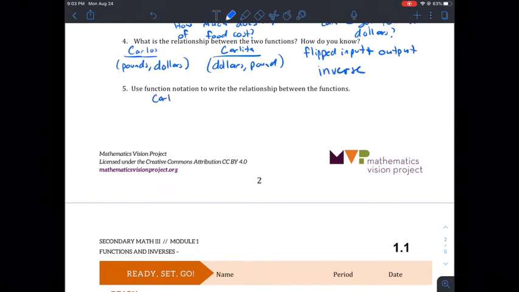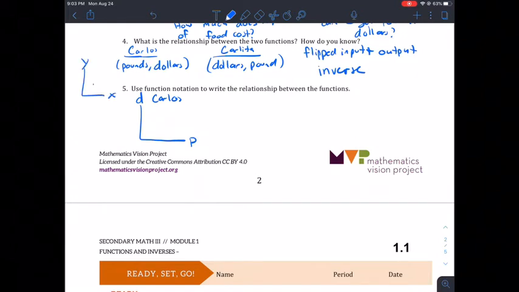For Carlos, he had pounds on the x-axis and dollars on the y-axis. Normally, we have x, y, and we would say f of x equals y. So to write Carlos's function in function notation, we're going to say f of p equals d.